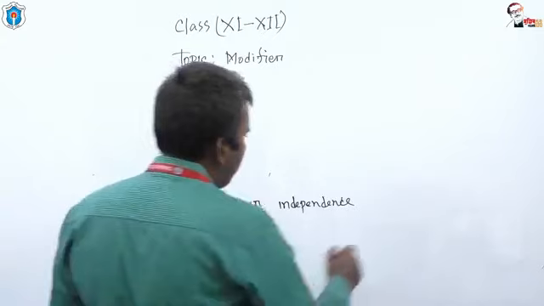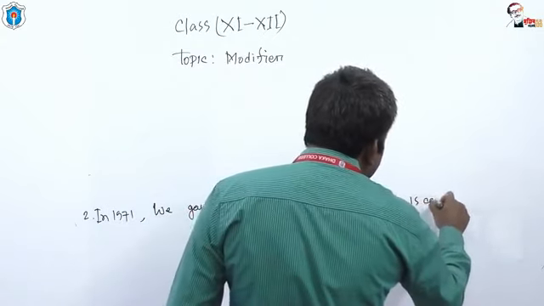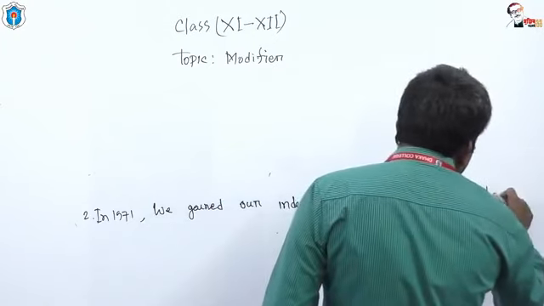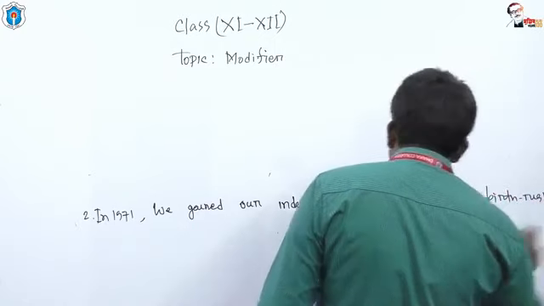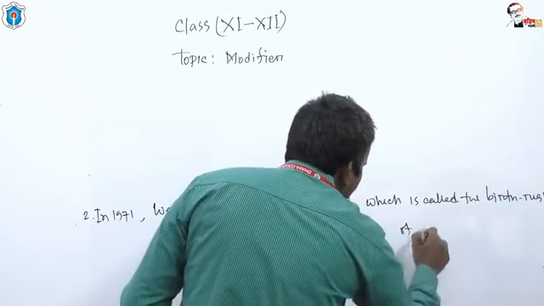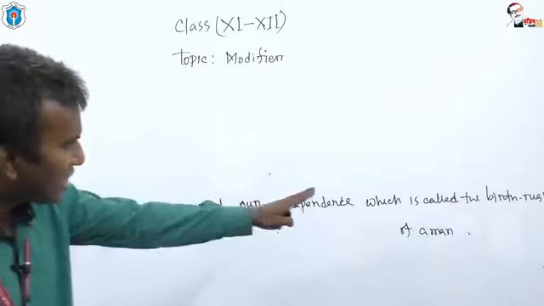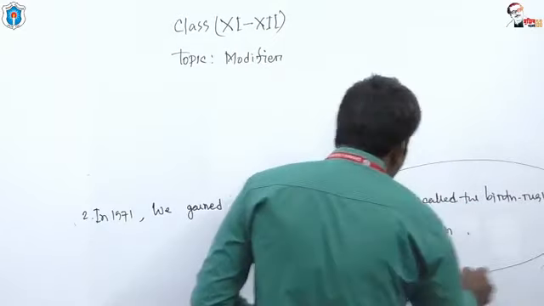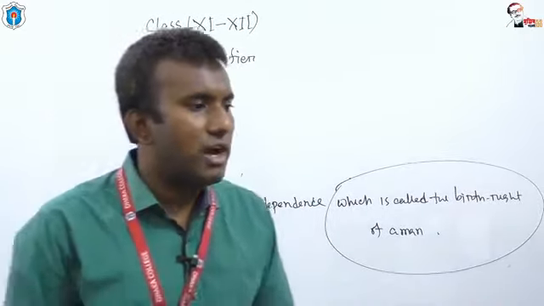If I say, which is called the birthright of a man, look at please. Which is called the birthright of a man. This is a relative clause or adjective clause.